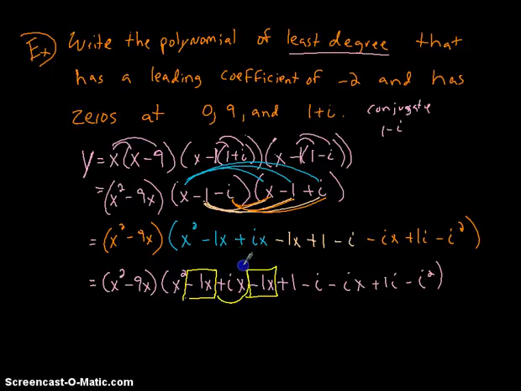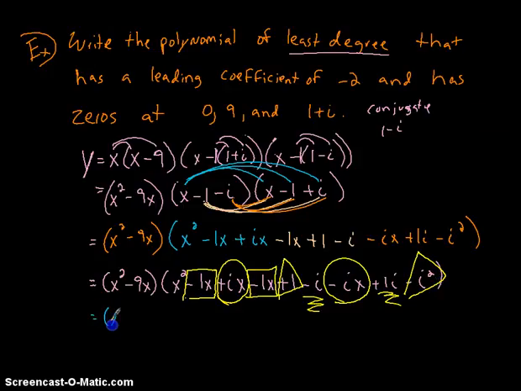This has an ix, this has another ix. This is an i, this is an i. This is a number, and this is also a number. i squared is really a negative 1. So let's combine our like terms.